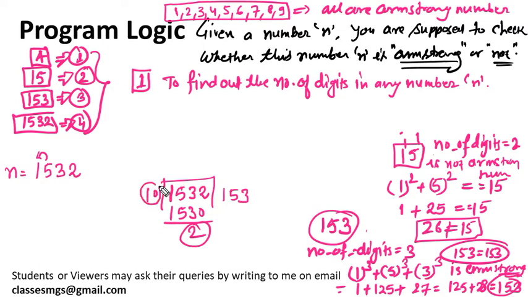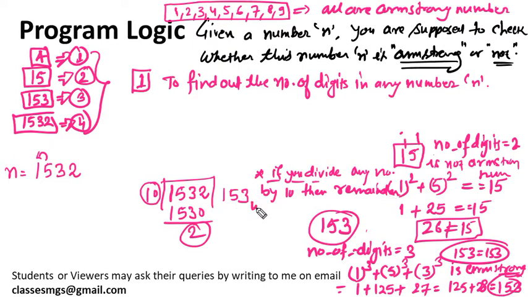If you divide any number by 10, you should remember this formula, it will help you in mathematics also. If you divide any number by 10, then the remainder will be the last digit of the number.